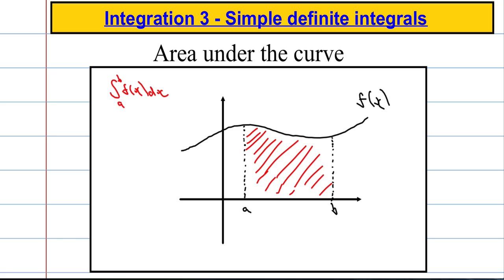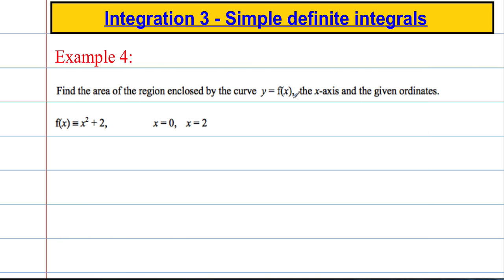So when we differentiated earlier on in different videos, that allowed us to find the gradient of the tangent to the curve. Well, integration helps us find the area beneath the curve. Let's see it in action here. So I've got a function here, and I'm asked to find the area of the region enclosed by the curve y equals f of x, the x-axis, and the given ordinates.